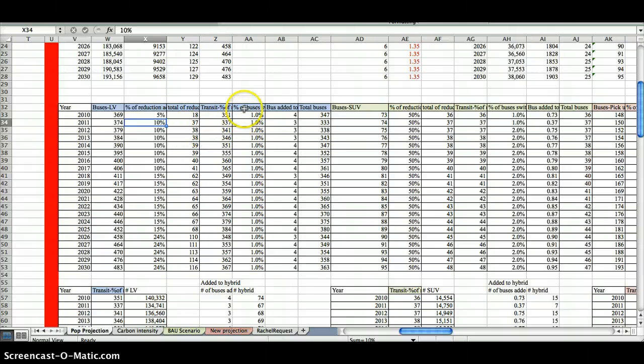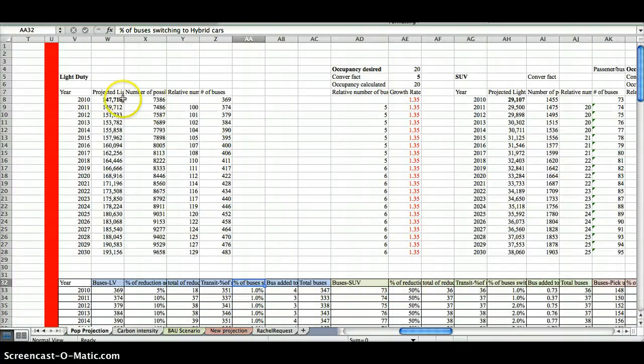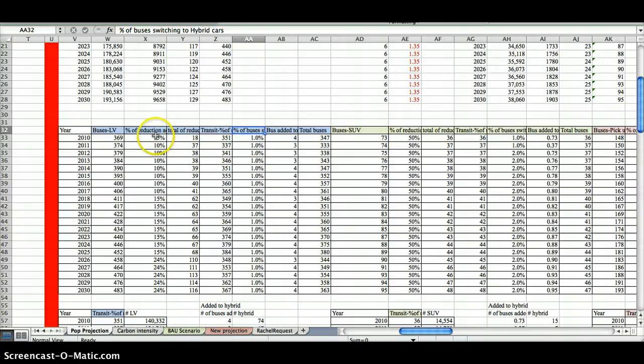I also did a percentage of buses switching to hybrid cars. To summarize, I put everything together: the number of light duty SUVs and pickups as buses, and with these percentages you can select how many of the buses represent light vehicles becoming real transit buses.